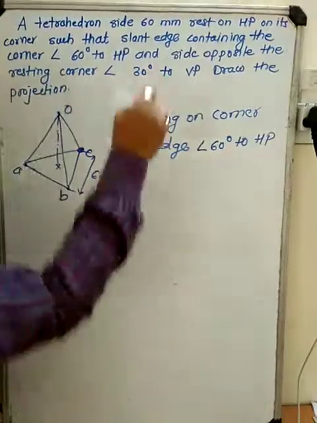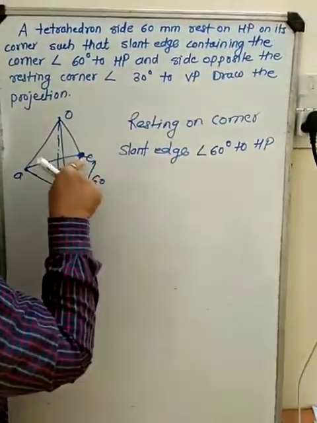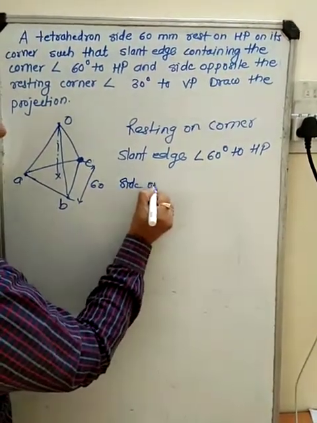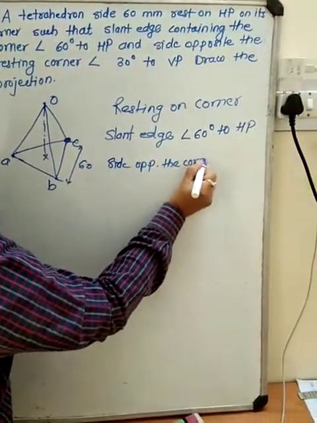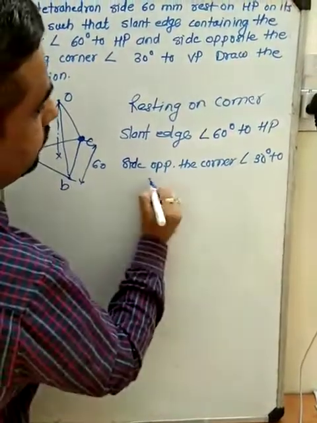And again, the side opposite the resting corner, the same corner, is inclined 30 degree to VP.